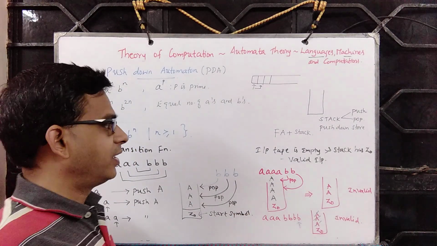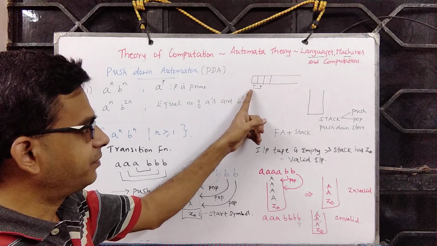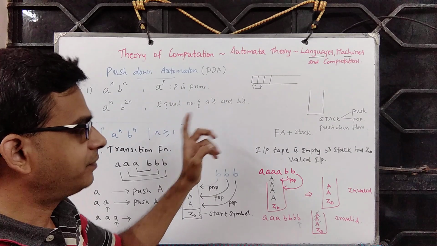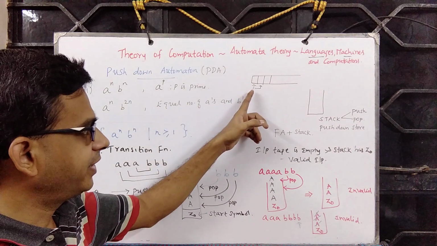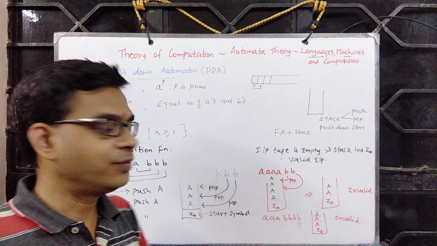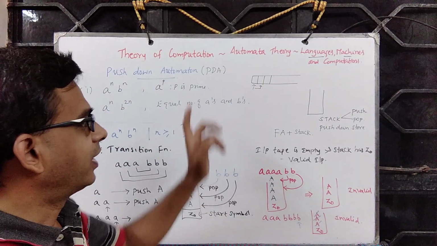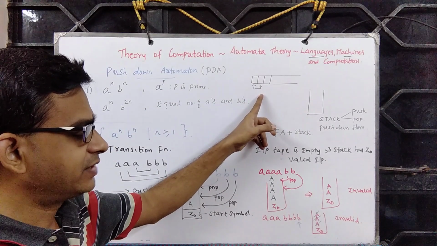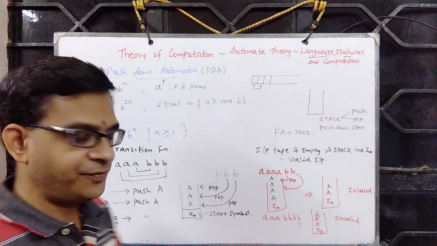Fine. And it can only read one symbol at a time. There is no write on the tape. And after reading a symbol, it can stay in the same state or it can move to some other state. And whenever it reads a symbol, it can move exactly one cell right. There is no left move.